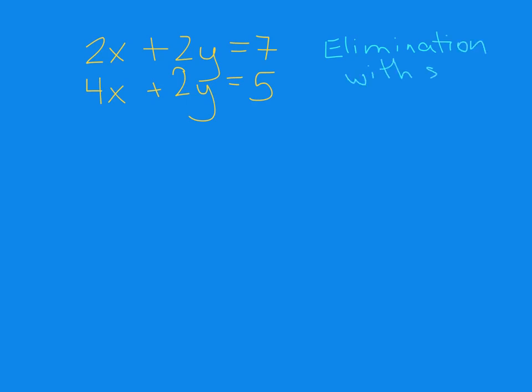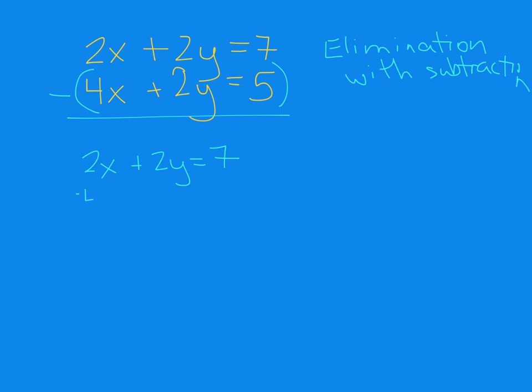So if you have two coefficients that are the same exact number, they want you to use elimination with subtraction. What that means is you can subtract one whole equation from the other. So I can subtract this whole thing. When I do, I'm just going to rewrite the first one, 2x plus 2y equals 7. And I'm going to distribute that negative sign. That's how you subtract it.